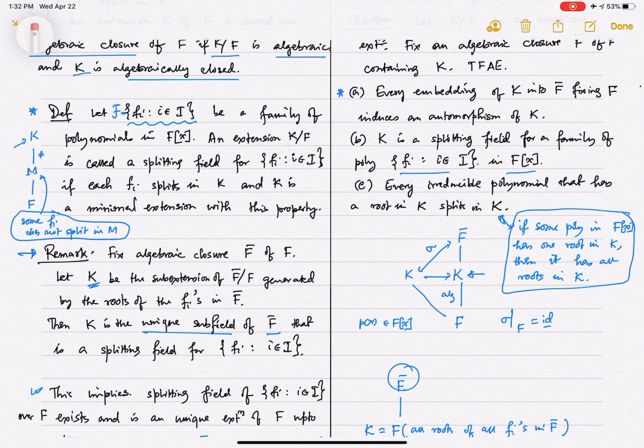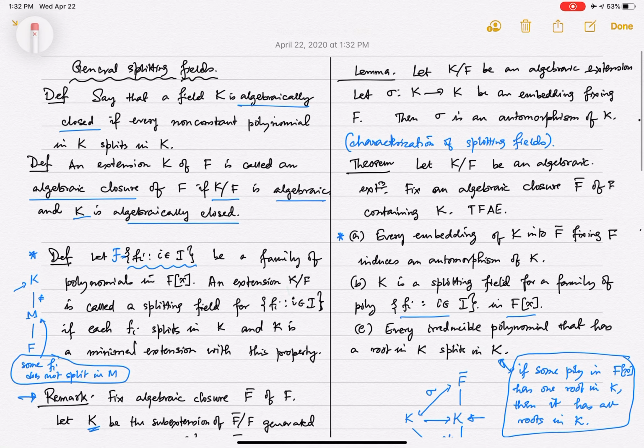The proof of this would depend on this lemma, which we will prove next time, that when you have any algebraic extension, so the lemma up here, if you have any algebraic extension and you take any embedding from K to K fixing F pointwise, then it's actually an automorphism.